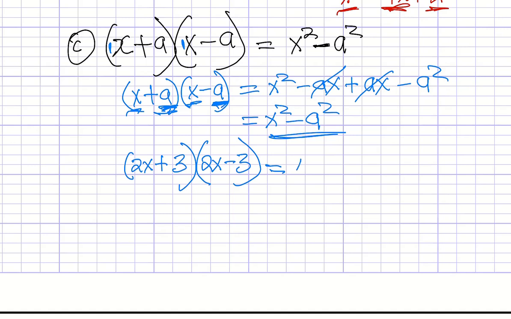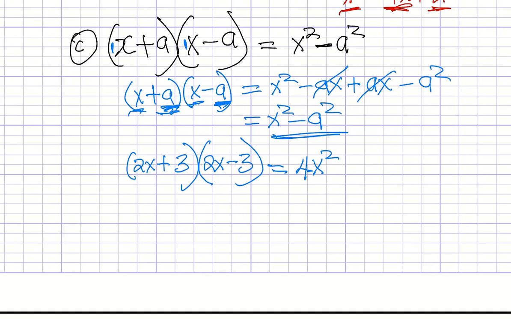2x times 2x, you get 4x squared, all right? 2x times minus 3, you get minus 6x. And then 3 times 2x, you get plus 6x.